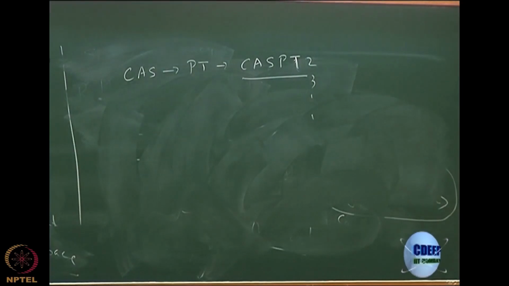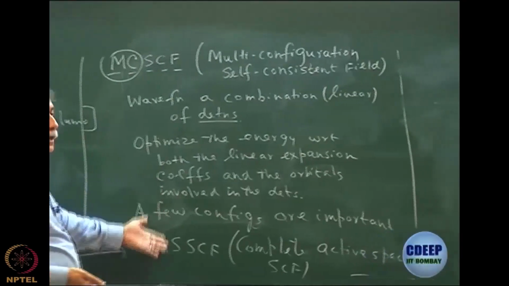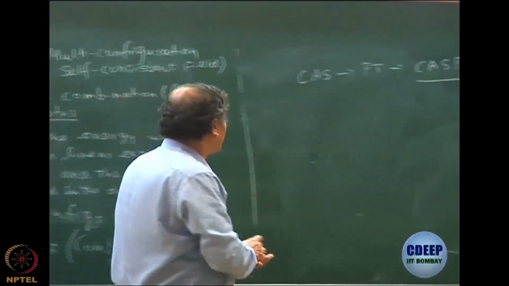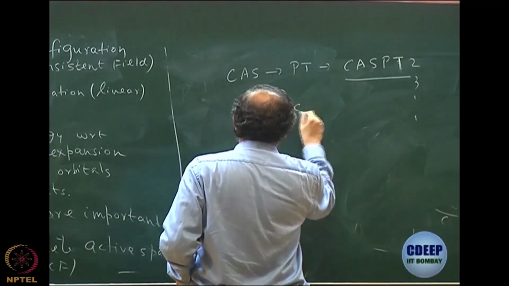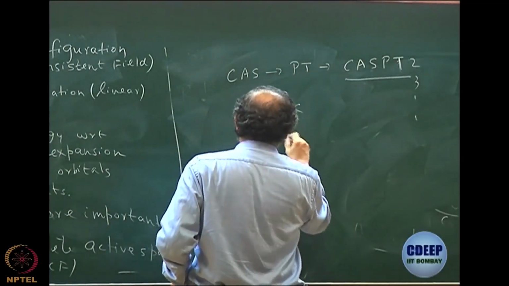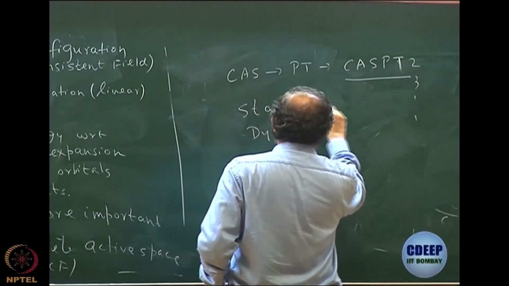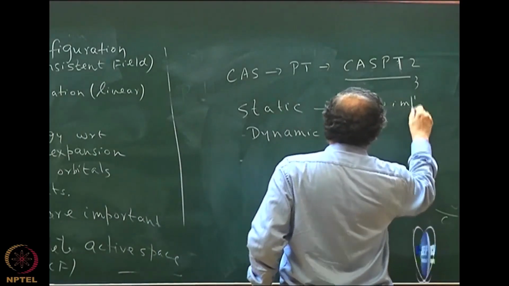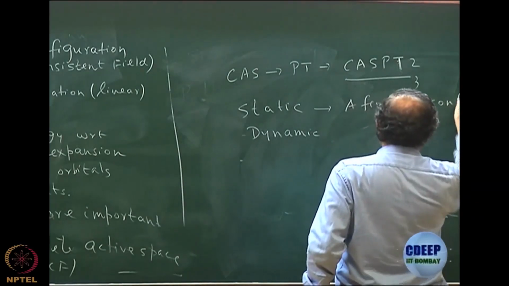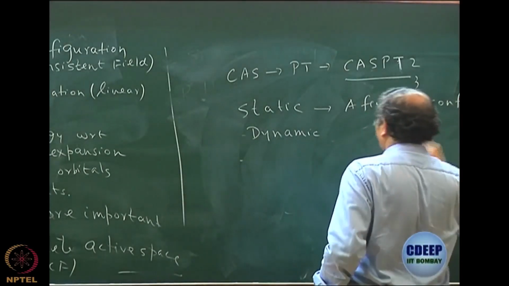But in many cases, the dynamic correlation is not important. Only static correlation is important. Then you do CAS SCF or MCSCF. So, these two kinds of correlations are very important, static and dynamic. Usually, static comes from a few configurations, few important configurations. So, in that case, you can do just a CAS SCF.